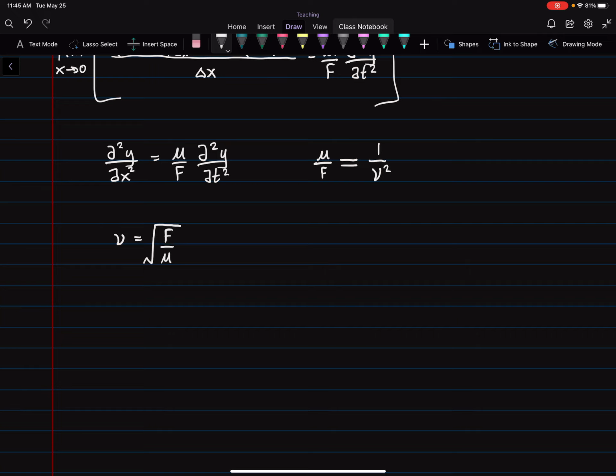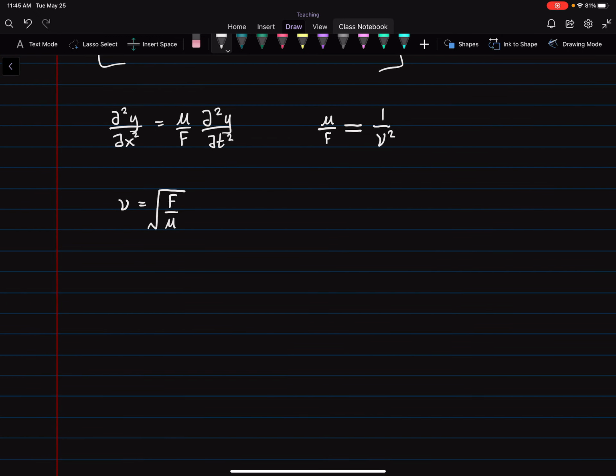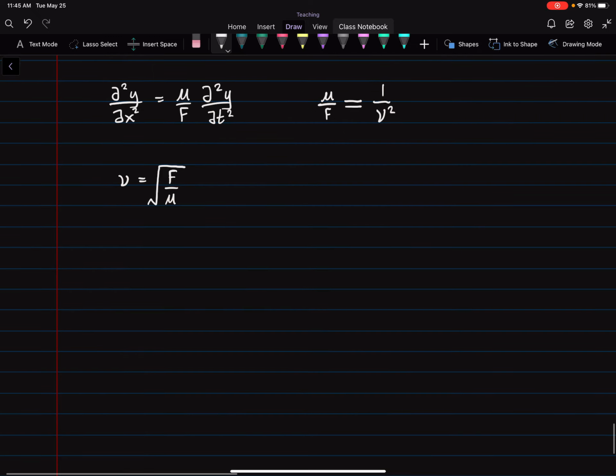And so, if you remember, we didn't make any assumptions about the shape of the wave in our derivation. So this wave speed, as well as, like we said, the wave equation, is valid for all waves on a string, all waves that have any shape. And it turns out that mechanical waves of many kinds, not just stretched string, have this same general form for the wave speed.